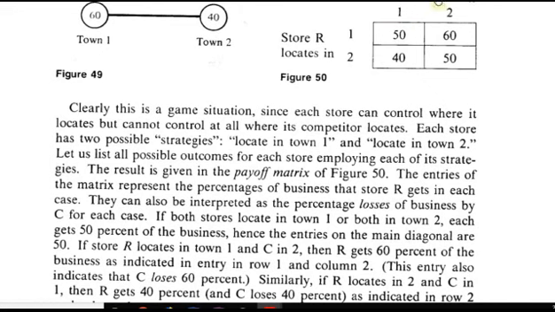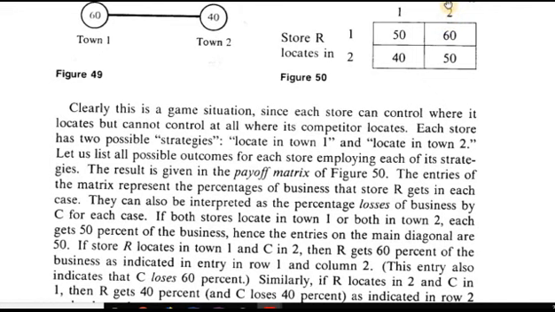Okay. Similarly for store C, if he locates in town 2, these are his losses, right? His minimum gain is the same as his maximum loss, right? Because his gain is the negative of his loss.